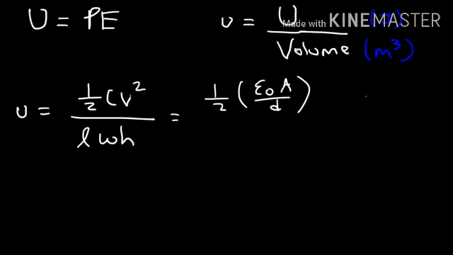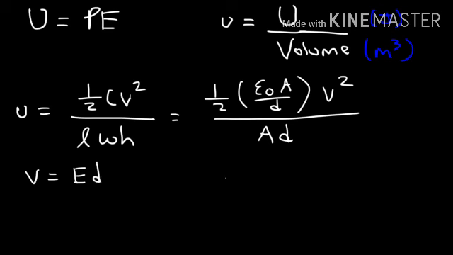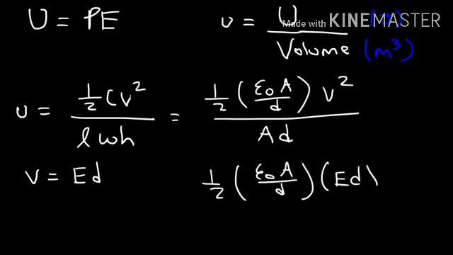So what do you think we need to do next? Now we still have a V squared. And length times width is basically the area. We could think of the height as the distance. Now V is basically the electric field times the distance. That is the distance between the 2 plates. So we can replace V squared with E D squared.